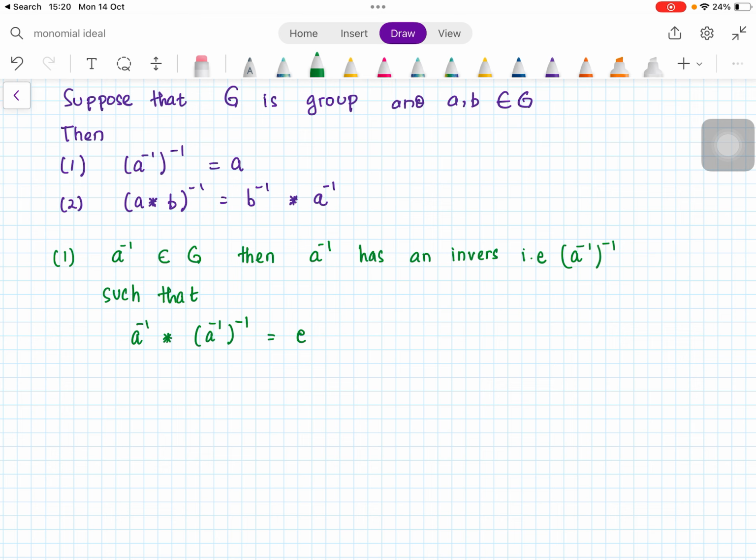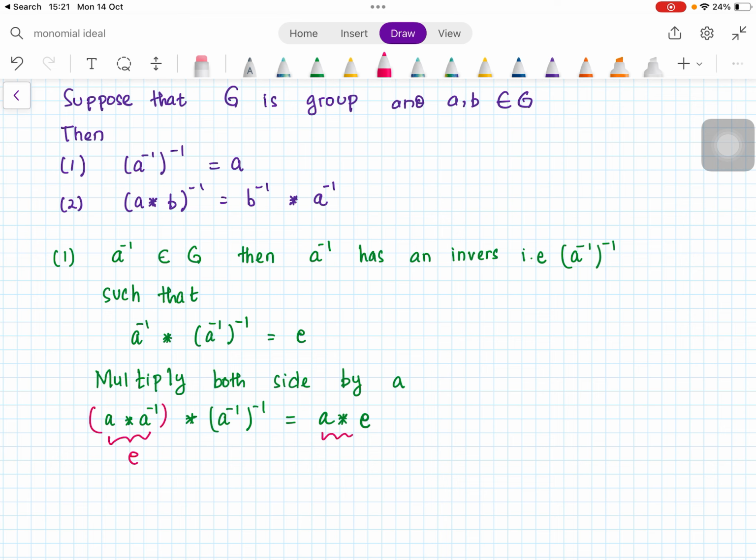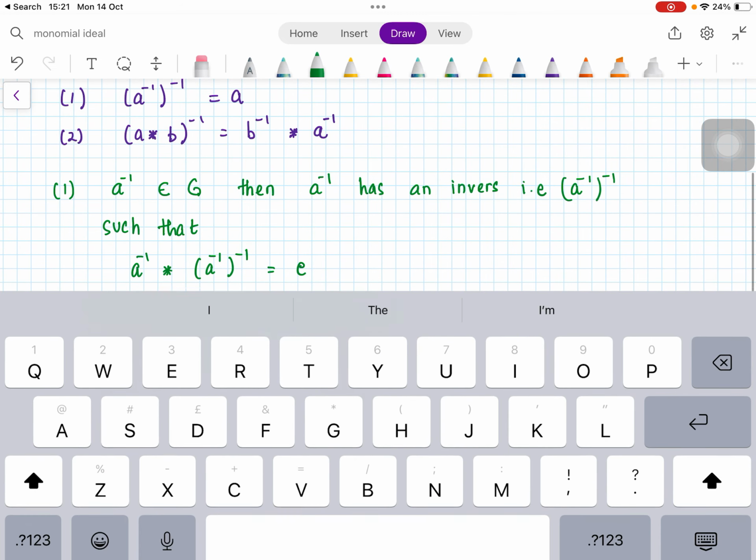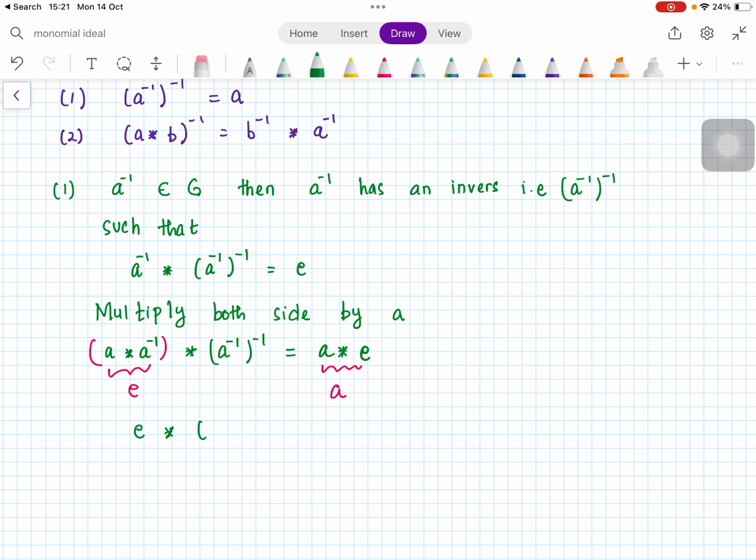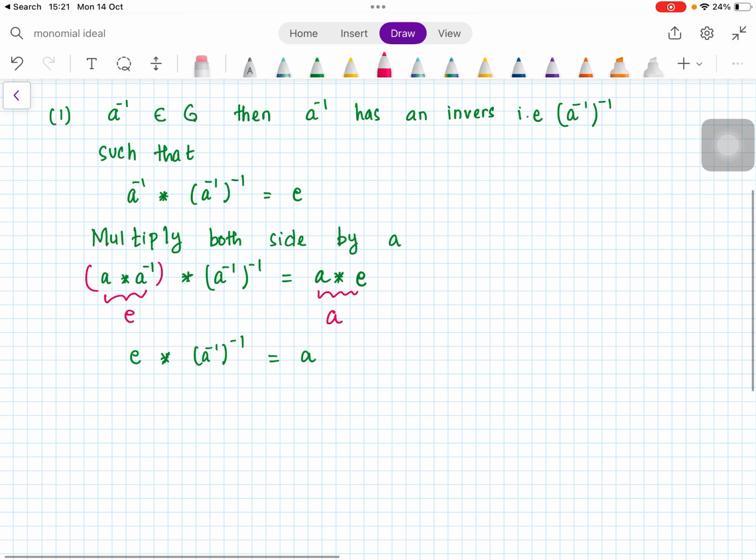And then here we can multiply both sides by A. So we have A times A inverse times the inverse of A inverse equals A times E. Because G is a group, A times A inverse is E, and on the right side we have A. So we can write E times the inverse of A inverse equals A. Because E is the identity, E times the inverse of A inverse is equal to the inverse of A inverse.